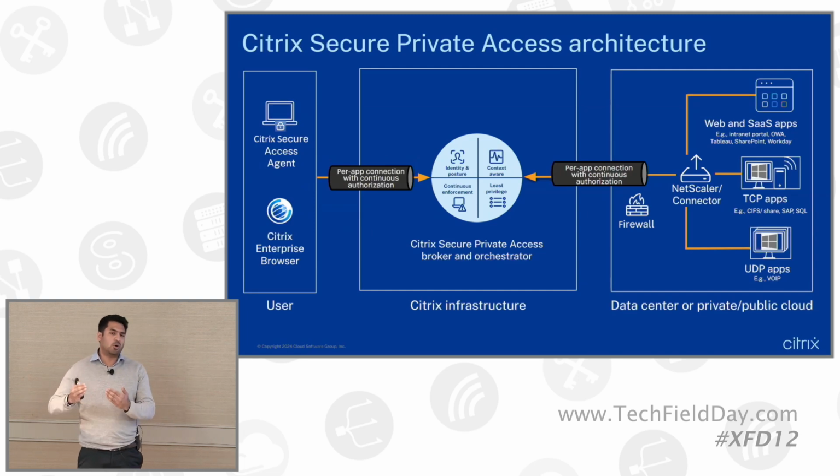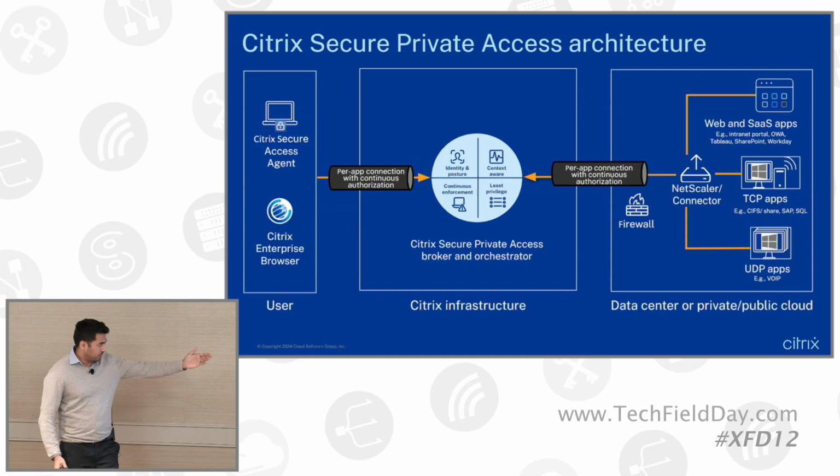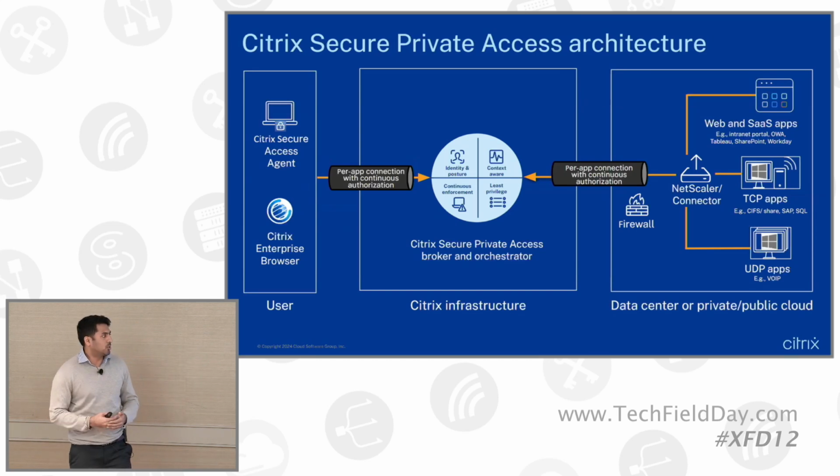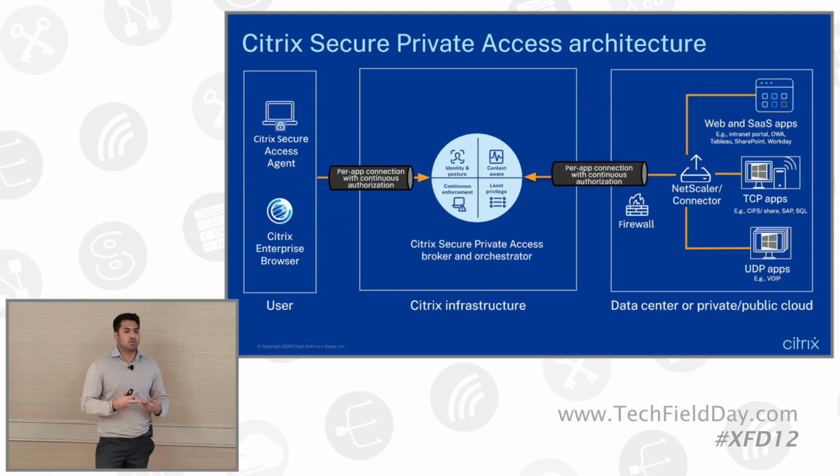Maybe some of the users you would want to give direct access to the backend applications if they are inside your corporate network, but rather have them route through our service nodes or this infrastructure you're seeing when they're coming in from a remote location. So it's a lot more context aware as to where this user is, what the geolocation is, what the network location is, and also about the device, if it's a mobile device or a desktop device.